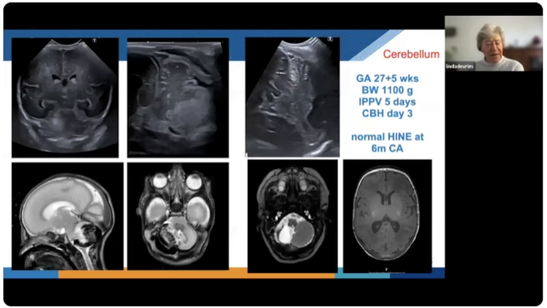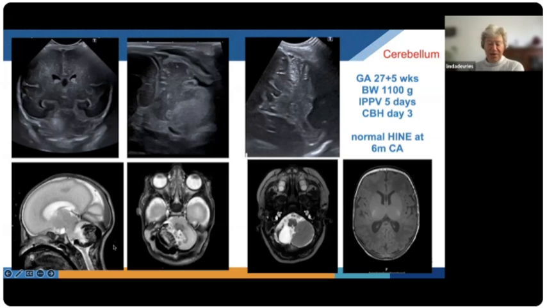Cerebellar, the last slide, I think, the cerebellar hemorrhage. Well, we can sometimes see it with ultrasound using the anterior fontanelle, but here on the mastoid window, we see it much more clearly, a large area of echogenicity, and at term equivalent age, we see that it has become very atrophic and cystic.